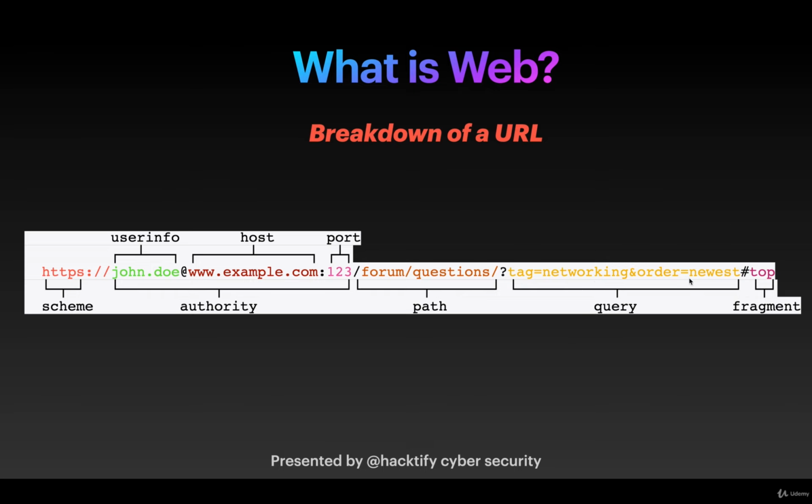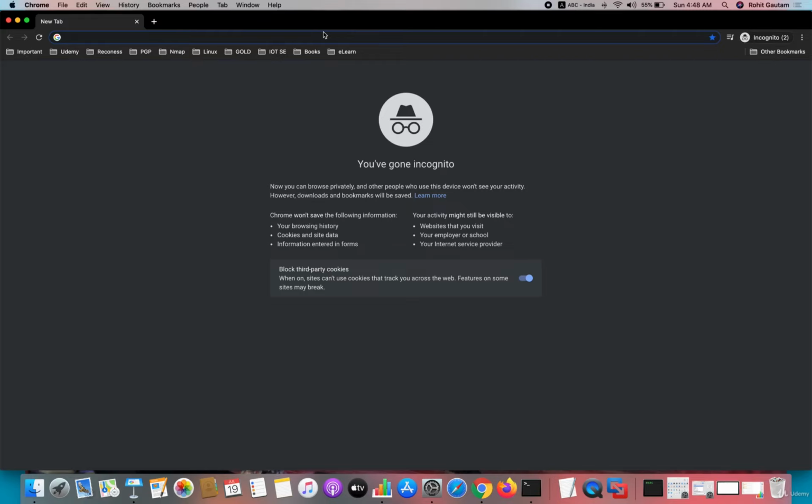All right, so remember parameter equals value pairs are very important in our course, and you should always notice if any parameter is being passed which is not getting filtered. The last one is hash top, which is nothing but a path fragment. So this was the breakdown of a URL. I hope you guys understood this particular breakdown.